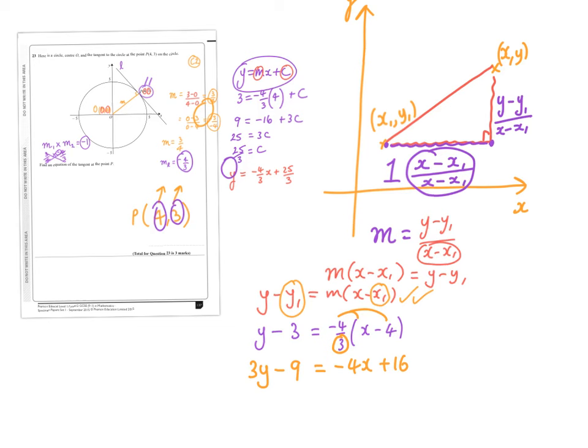Then I can add 9 to both sides. And then what would I have? Plus 25. And then I can divide everything by 3. So exactly the same as what I'd have using y equals mx plus c.